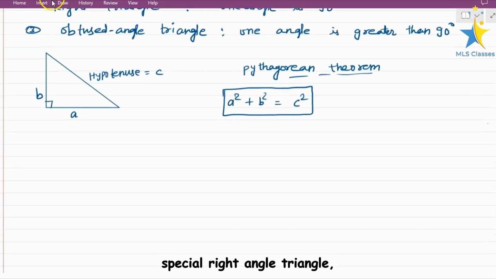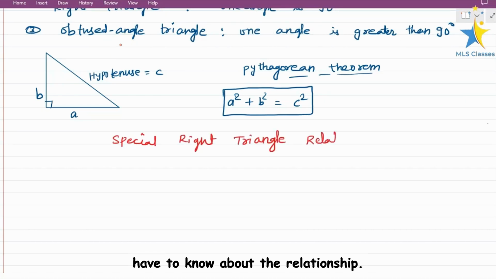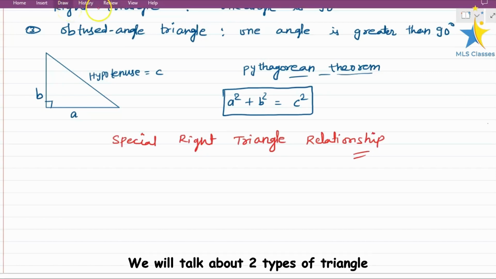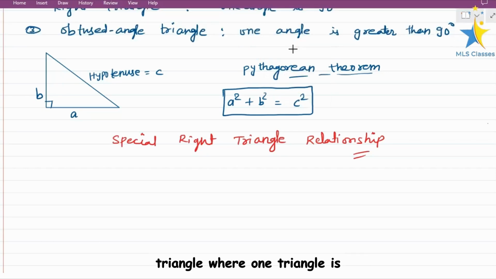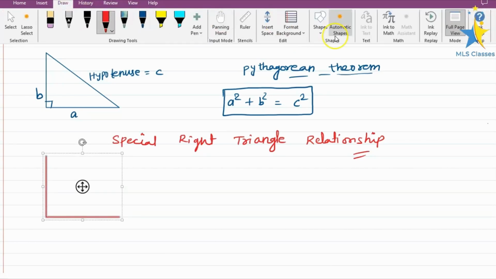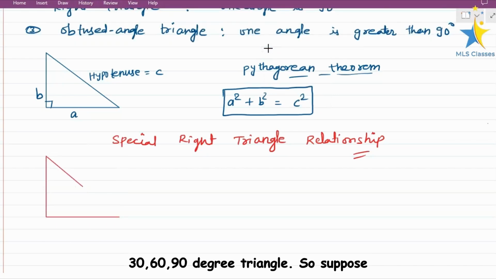Now, special right triangle. We have to know about the relationship in special right angle triangle. We will talk about two types of triangle here. So let's draw the two types of triangle, where one triangle will be 45, 45, 90 degree triangle, whereas the other triangle will be 30, 60, 90 degree triangle.